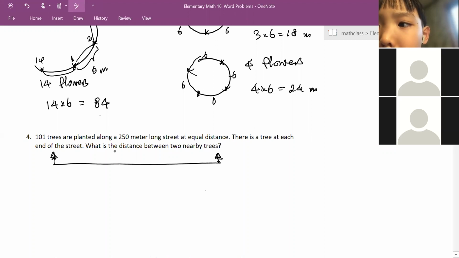So the question is, what is the distance between two nearby trees? This time I'm not trying to find the length of the street. I'm trying to find the distance between 2 nearby trees.